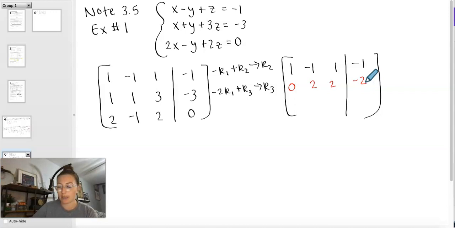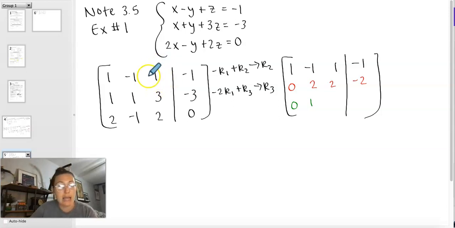Alright, now I'm going to do the other one. So now I'm going to take that row 1, multiply it by negative 2, and add it to my third row. So I'm going to do 1 times negative 2 is negative 2. Negative 2 plus 2 is 0. I do negative 2 times negative 1, this is now a positive 2. 2 minus 1, or 2 plus negative 1, will give me a 1.